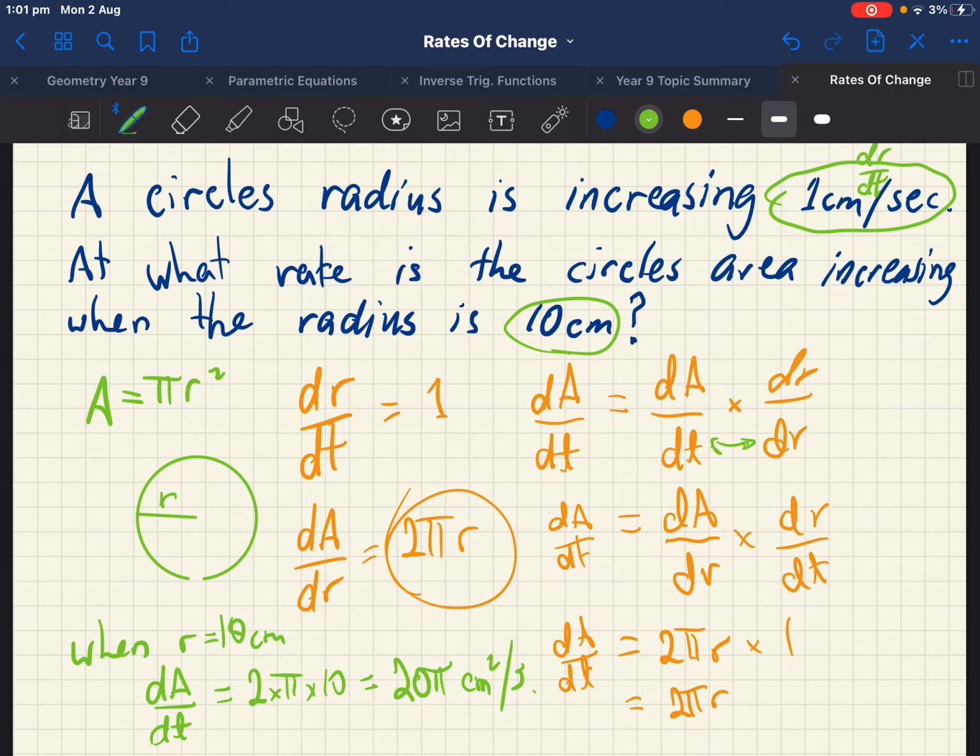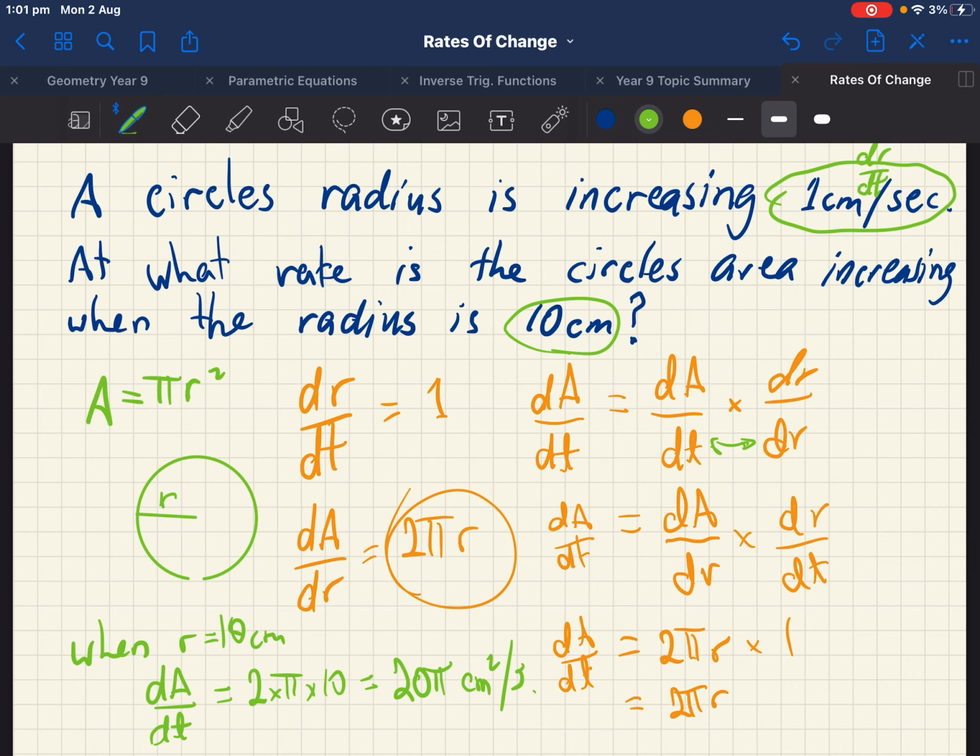Fortunately for us, we already know the area of a circle is pi r squared. So we're able to use that relationship to then find our second rate, dA/dr, and then we were able to use the chain rule.